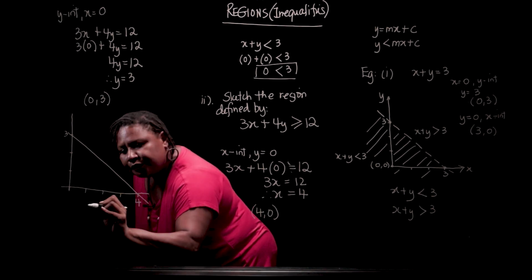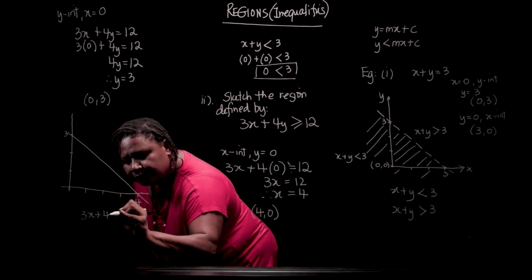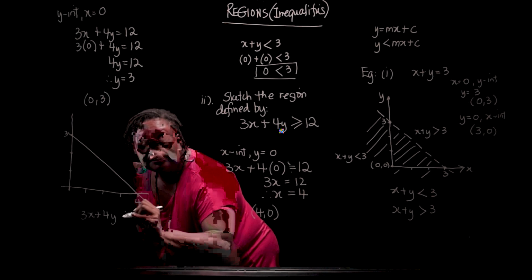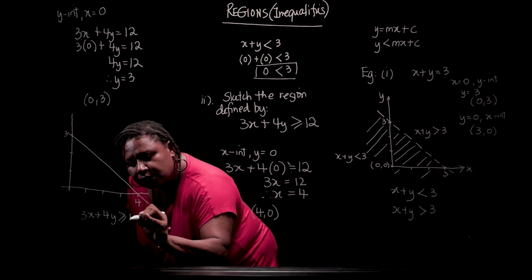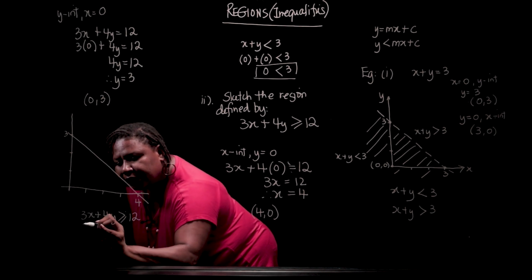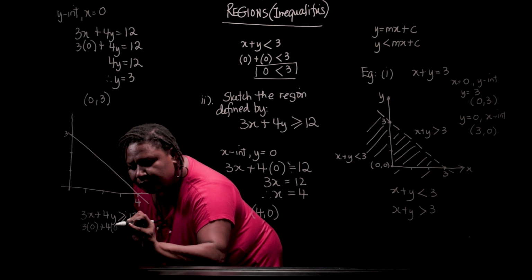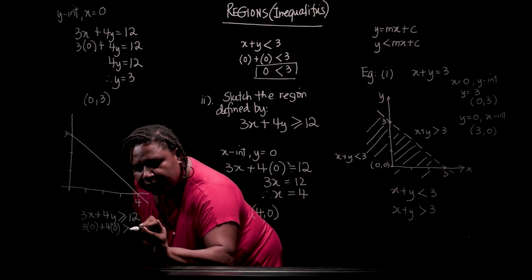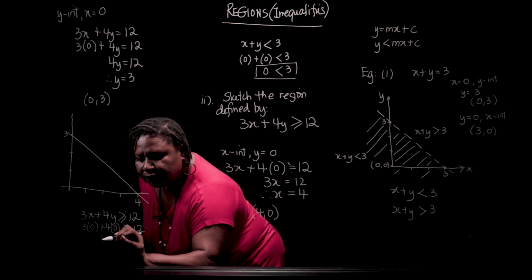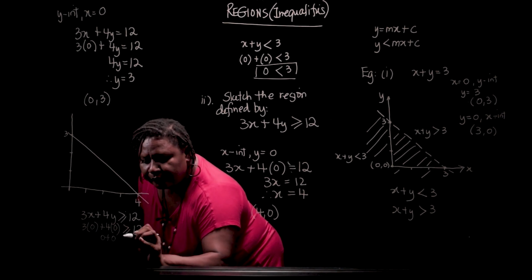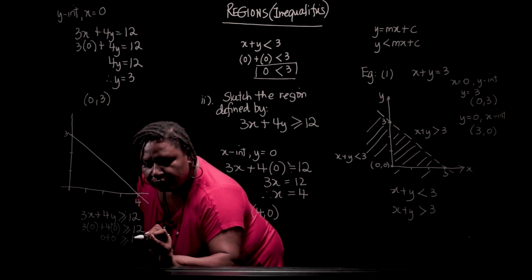So 3x plus 4y greater than or equal to 12. We have 3 times 0 plus 4 times 0, which is greater than or equal to 12. 0 plus 0 greater than or equal to 12.